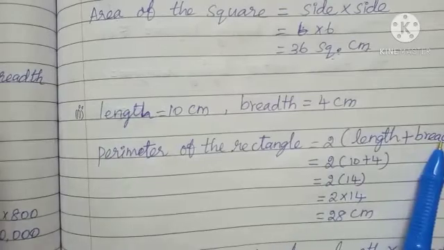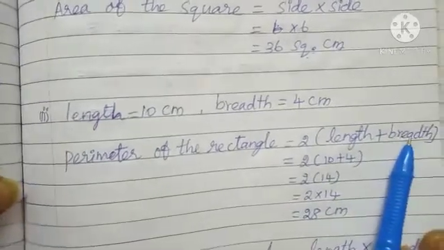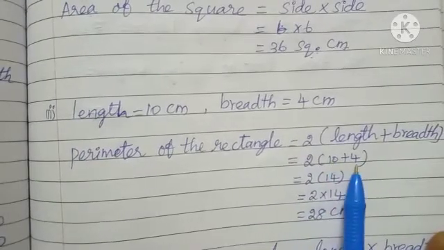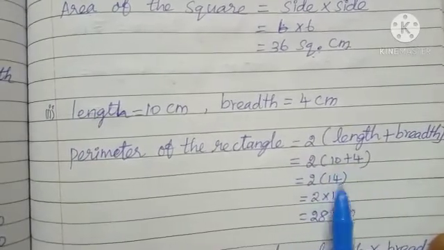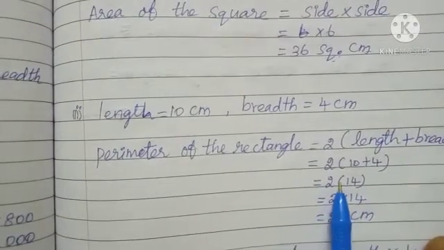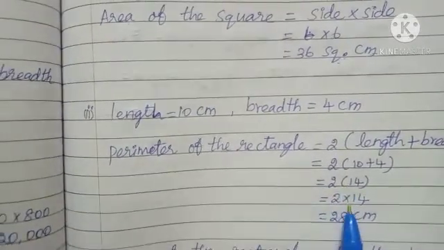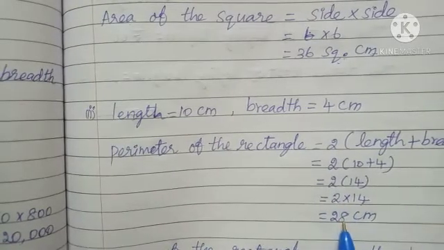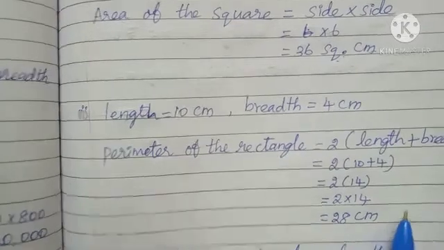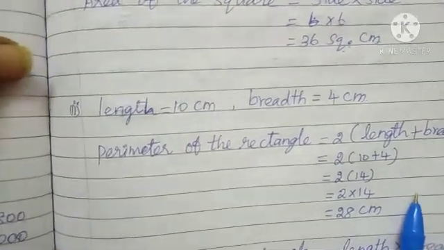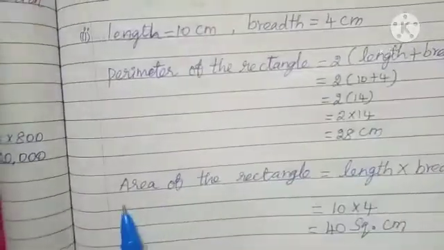Length is 10, breadth is 4, 10 plus 4 is 14. So write 2 times 14, the bracket is cancelled, now do the multiplication. 2 14s are 28 centimeter.